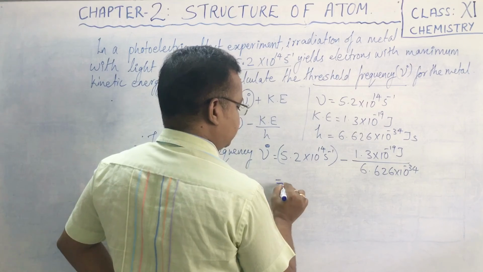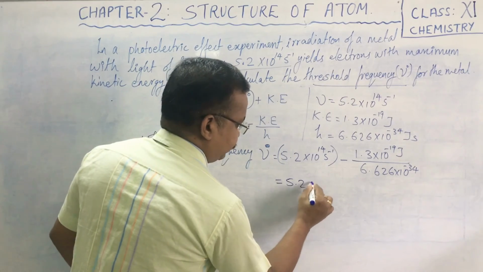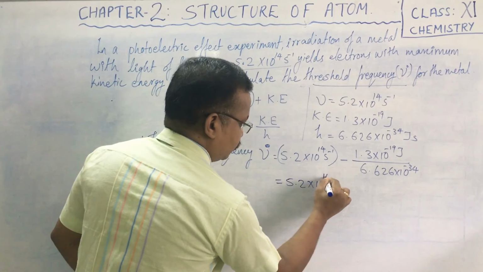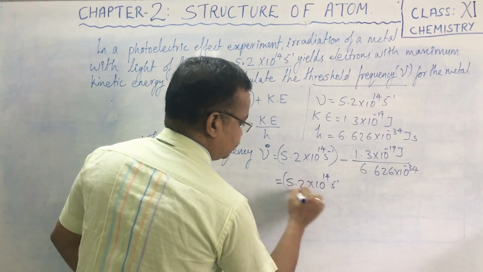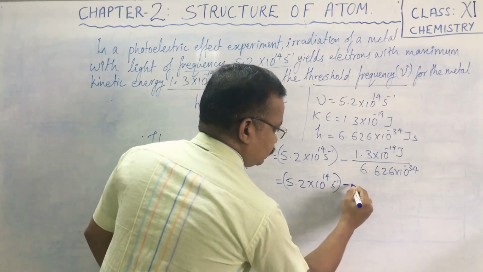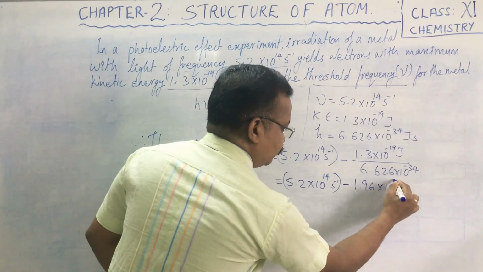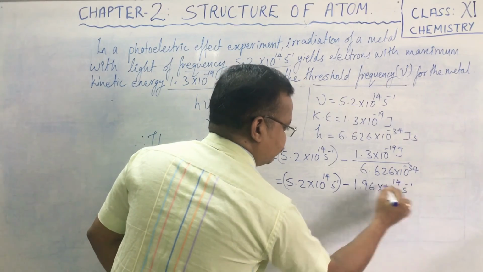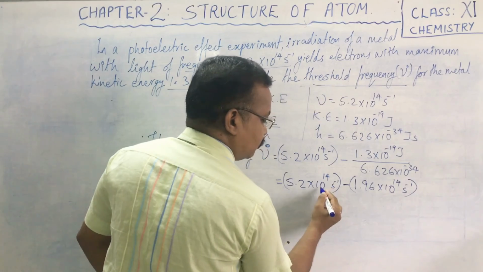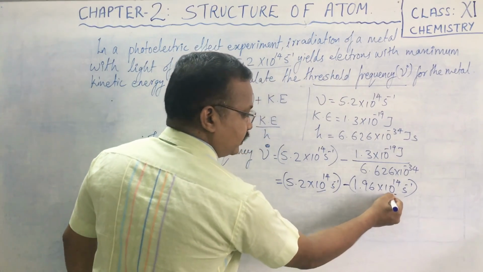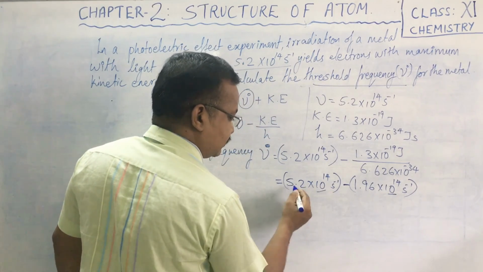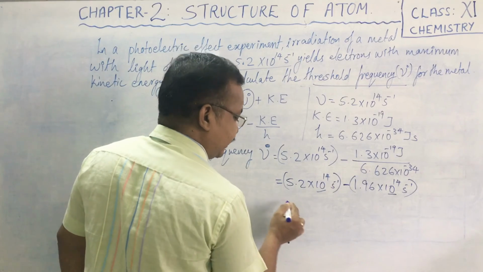This equals 5.2 into 10 raised to 14 second inverse minus 1.96 into 10 raised to 14 second inverse. Children, since both are in 10 raised to 14, you can simply subtract 5.2 minus 1.96.